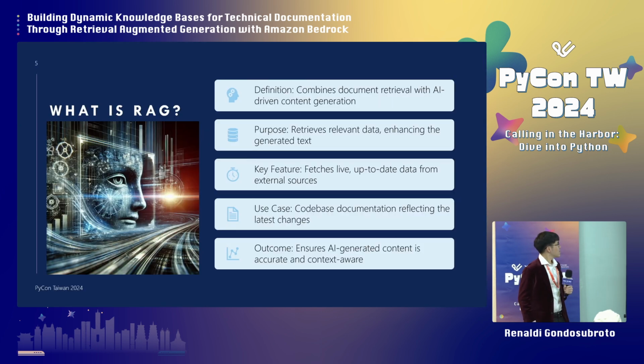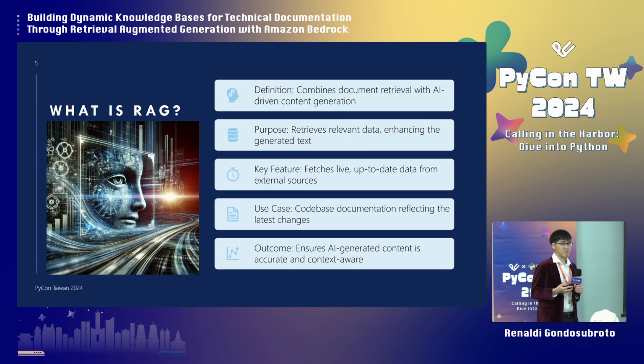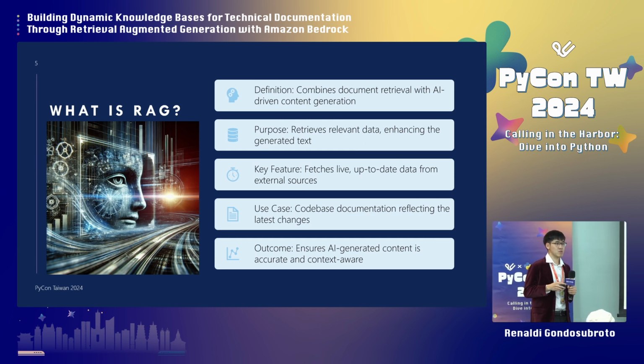So what is RAG itself, though? It combines document retrieval with AI-driven content generation. So it's a way for you to store the data and essentially use that data as a source of truth, which will then be referred to again later when the RAG is taking place. The purpose is that we want to retrieve the relevant data, hence enhancing the generated text.